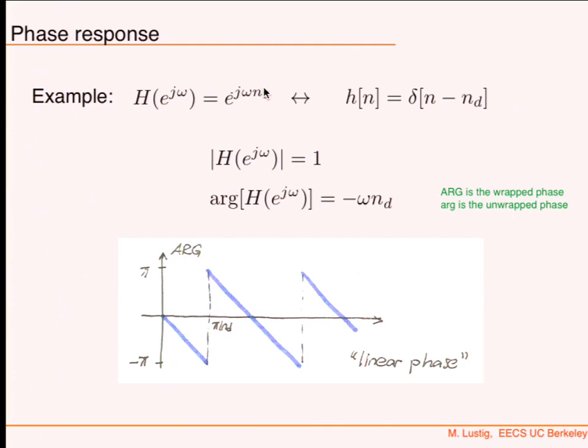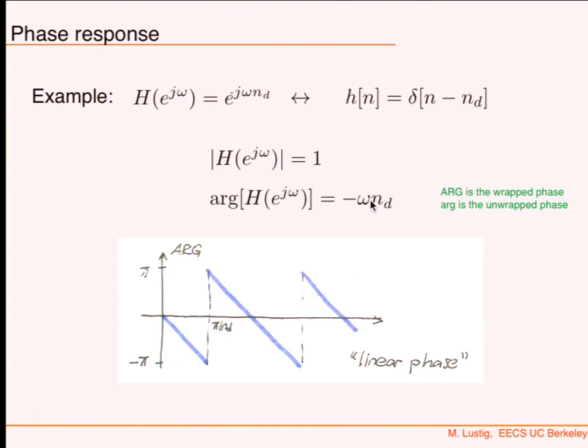I can prescribe ω to be whatever value I want. Okay. So if you look at what is the phase here, the unwrapped phase, it is a linear function of frequency with a coefficient that is the delay.